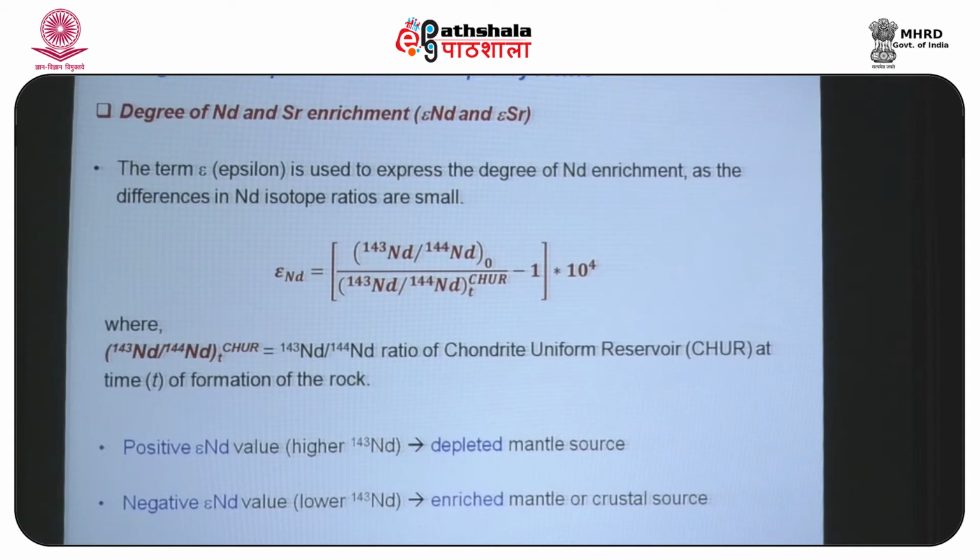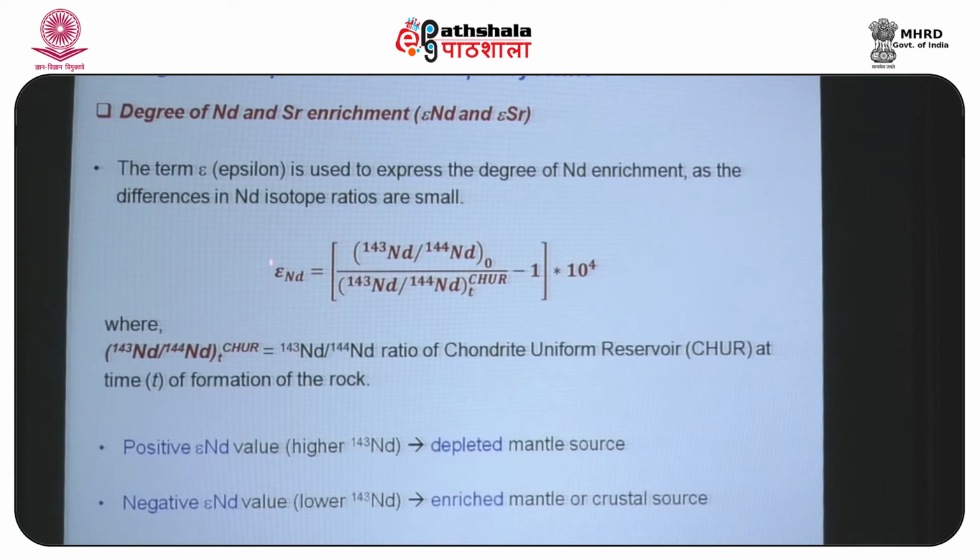Now, to understand the isotopic differences between the crust and the mantle, a term has been established called epsilon, which is used to express the degree of neodymium enrichment, as the differences between the neodymium isotope ratios in the crust and the mantle are very small.